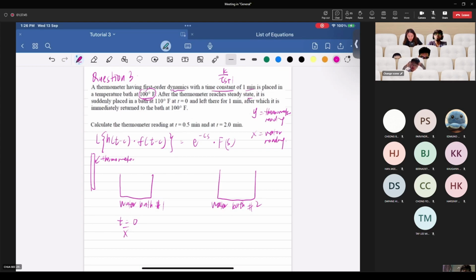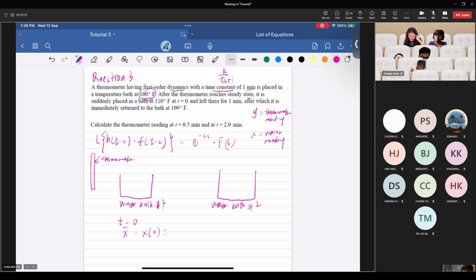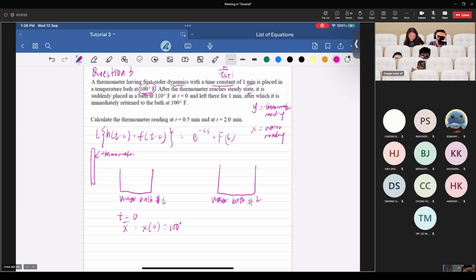So X bar, or you prefer to put X at time equals to 0, it is 100 degree Fahrenheit. Same goes to your Y bar. It comes in equilibrium, means your Y0 should be also 100 degree Fahrenheit. Or I can say this is actually the steady state value of the thermometer at time equals to 0.